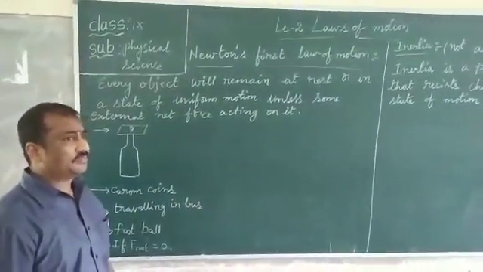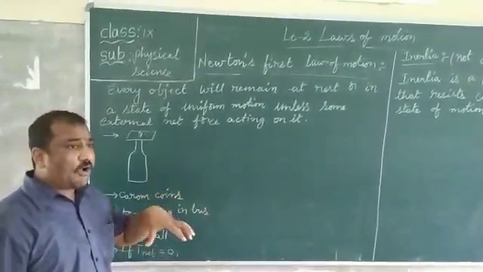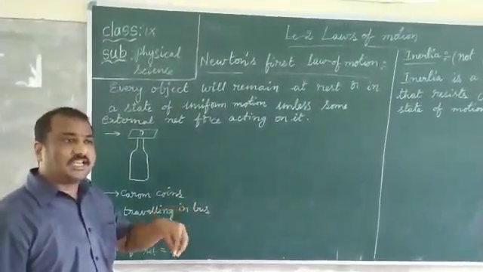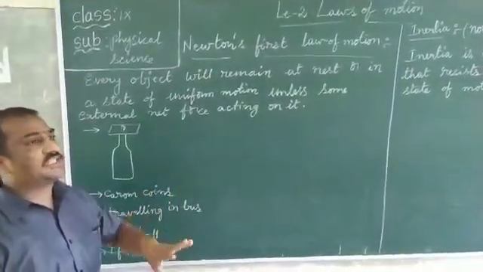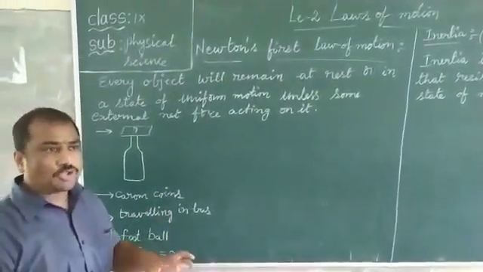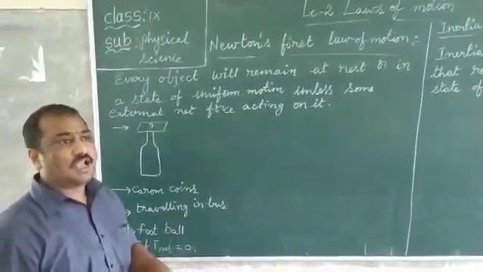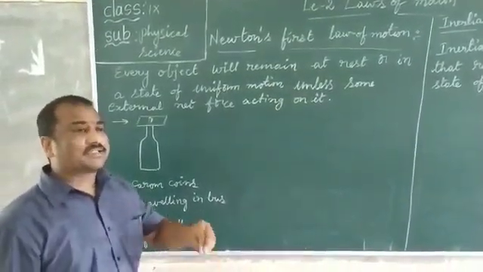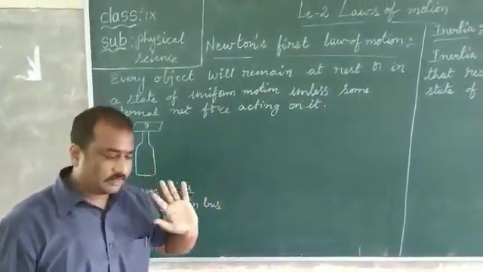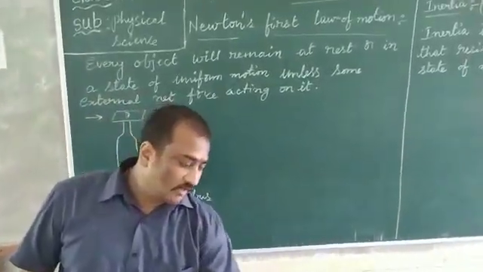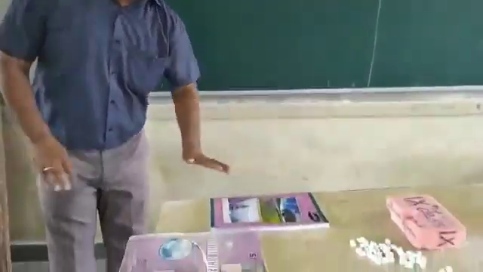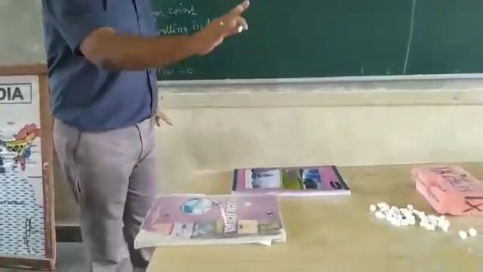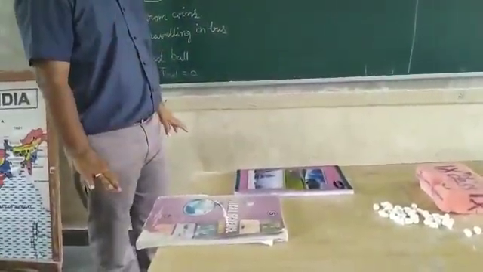That means every object continues in a state of rest or continues in a state of uniform motion unless some external force is acting on it. Okay, children? Without any application of force, this book keeps like that only.